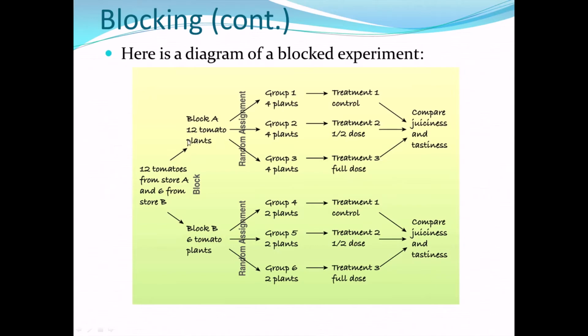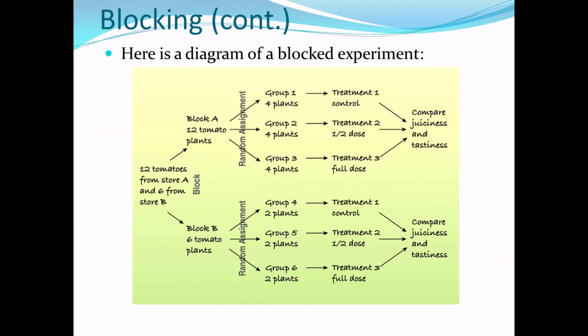So you'll notice that there's no random assignment here, and there's no random assignment here. So you can't just pick a tomato plant and say, oh, you're from store A, without really knowing if it's from store A or store B. Just the way you can't assign women randomly into the women group. There are women, right? You just can't take a person and say, oh, you're a woman, or take anyone, like you randomly pick a guy and say, well, you're destined for the women group, so change genders.